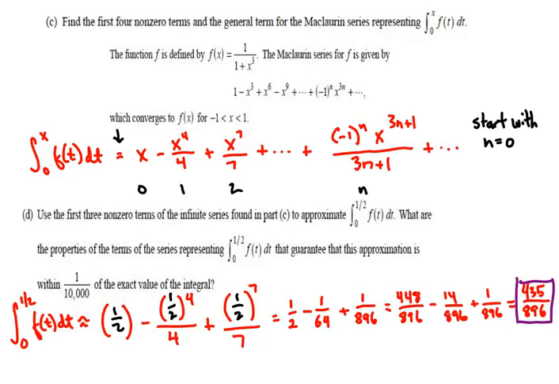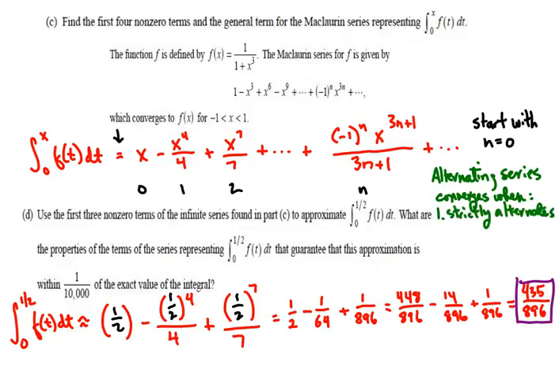Alright, now the next thing that we have to do is to state the properties of the terms of the series that guarantee that this approximation is within 1/10,000th of the actual value of the integral. And this is an alternating series, and so we just have to establish that an alternating series converges when the following three things are met.